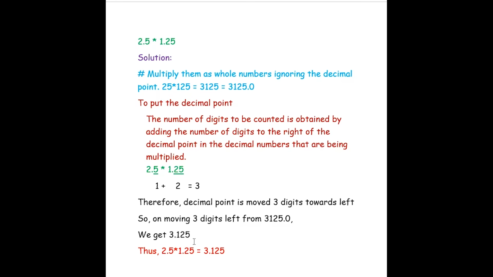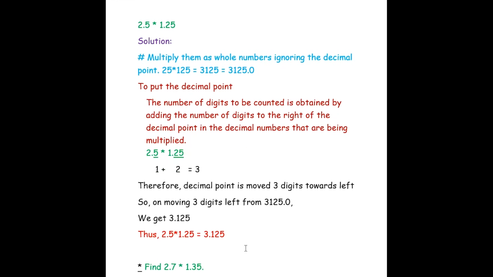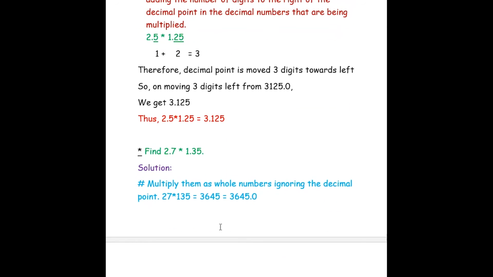So we have the number 3125.0. From here we move 3 digits towards the left: 1, 2, 3. We place the decimal after 3, in front of 1. So we get 3.125. So 2.5 into 1.25 is 3.125.